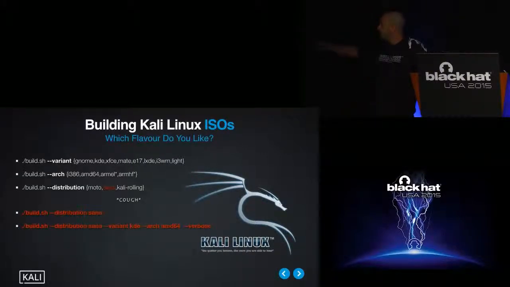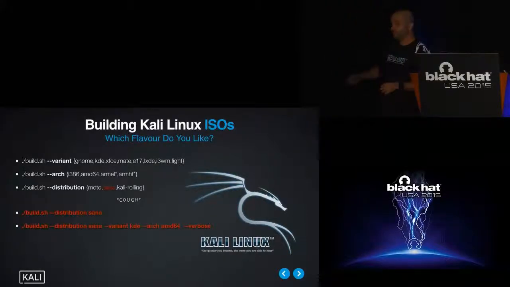So GNOME, KDE, XFCE, all buildable through live build really, really easily. So for example, if you'd like to have a KDE Kali ISO, you just git clone our live build config, run build.sh --variant kde, press enter, and bam, you have a KDE Kali ISO.